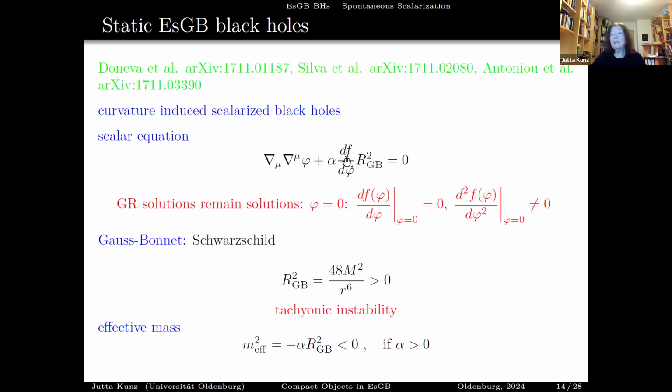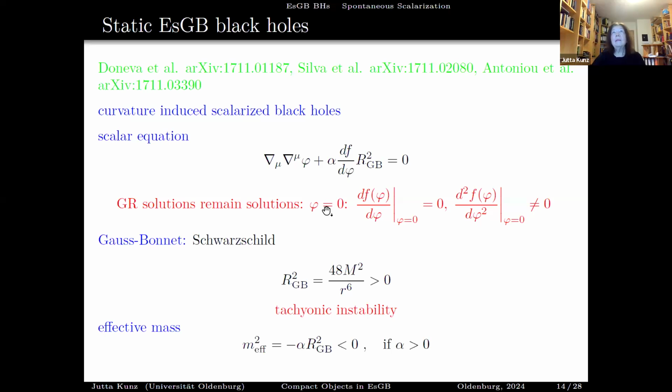Then this should just not give us anything, so the derivative should vanish. However, the second derivative we want to be finite, positive finite. Otherwise we would have to change the sign of the coupling constant, and let's just fix it.